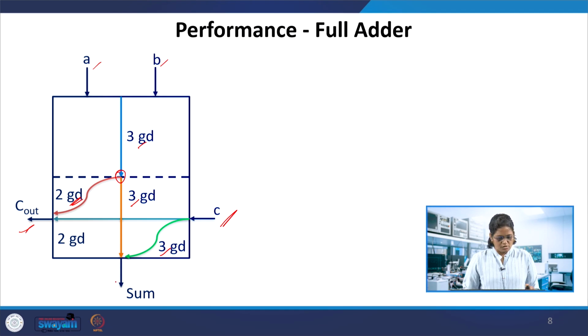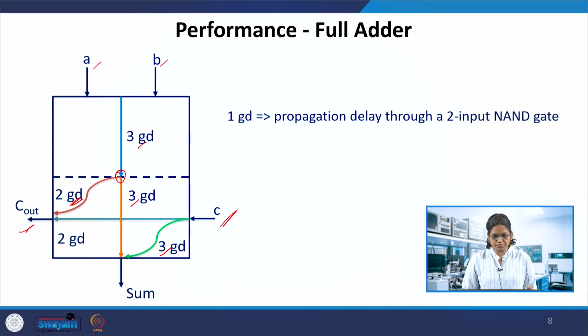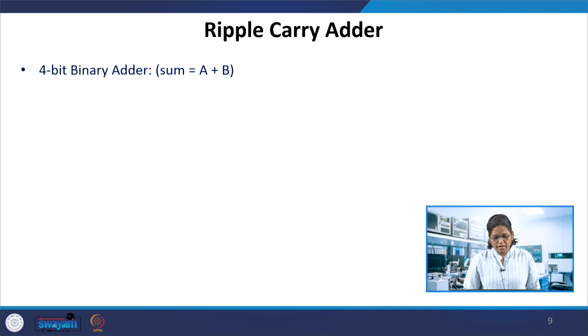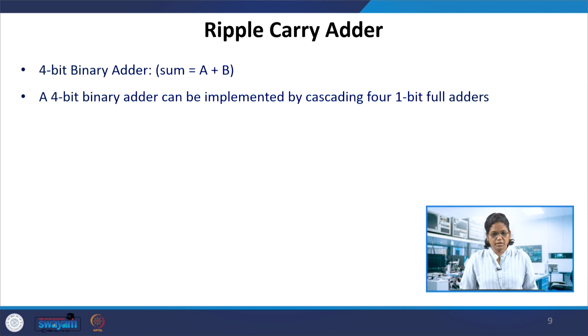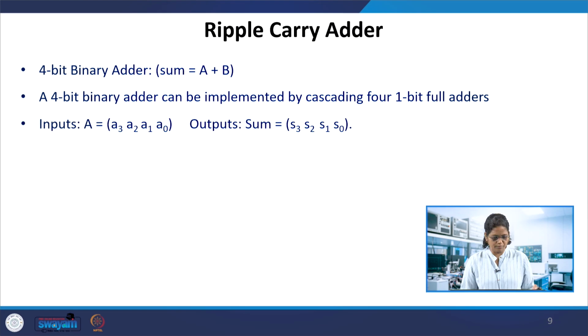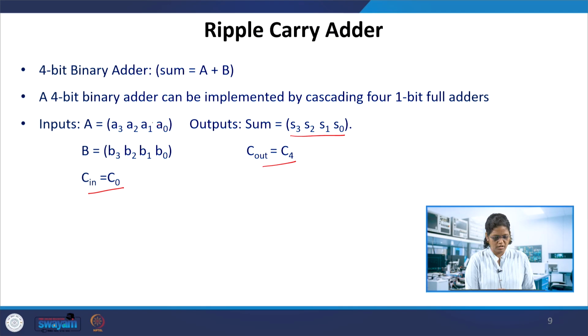Okay, so with these gate delay operations, can we have the full timing structure? One gate delay is actually the propagation delay through a 2 input NAND gate, as I told you in the previous slide. So the ripple carry adder, which is summing up A and B of, suppose, 4 bits, A0, A1, A2, A3, gives the sum S0, S1, S2, S3, and the C out will be C4, whereas the input C in is C0.